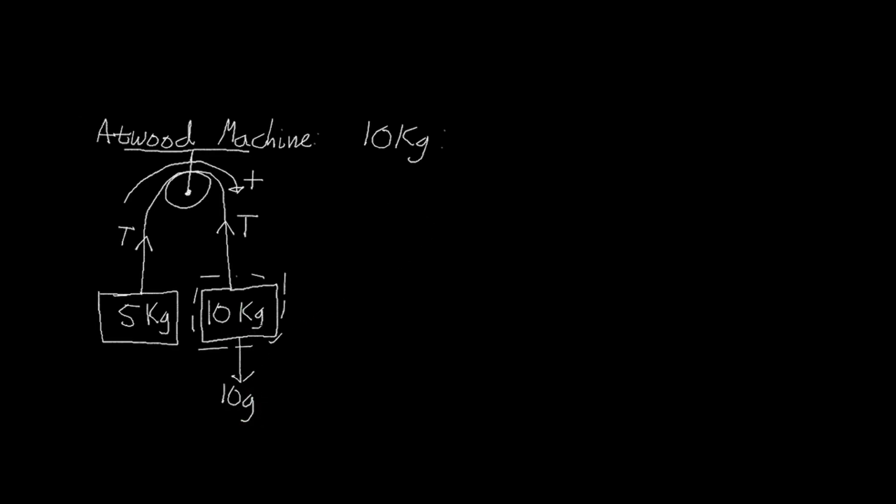Now we write an equation for the 10 kilogram mass using Newton's second law, which is the sum of the forces is equal to the net force. So since this direction is positive, we know that 10g, the weight force, works in the positive direction. So 10g minus T has to be equal to the mass times its acceleration.